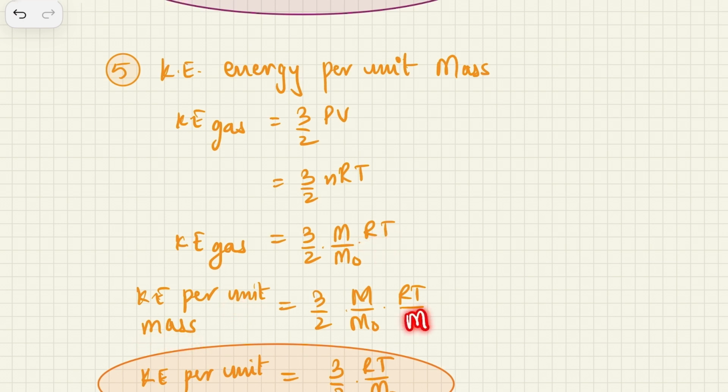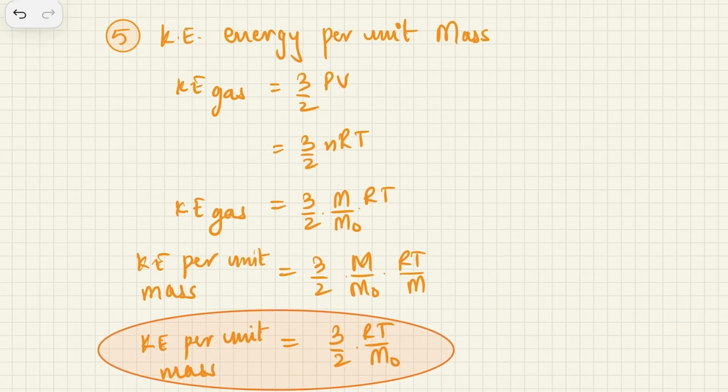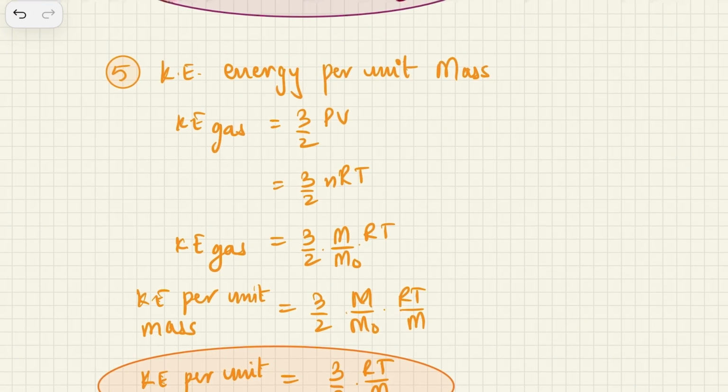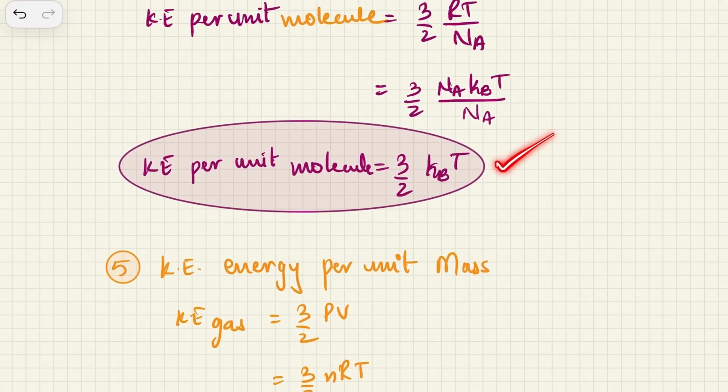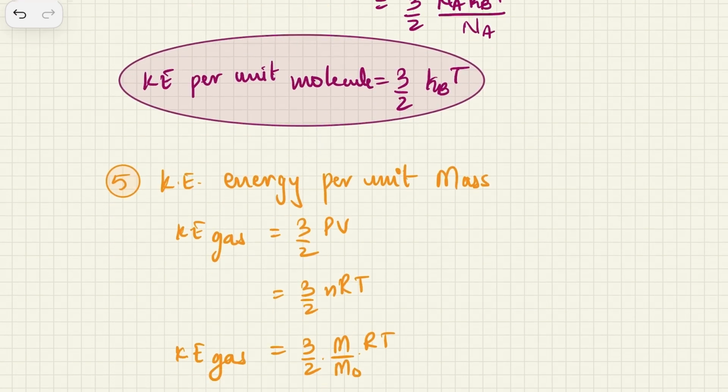So I have divided this by the mass of gas, and M and M get cut, so I get 3 by 2 RT by M0. So these are different forms of kinetic energies we might require in some problem solving, and the kinetic energy of a molecule is utilized in many aspects and different forms when coming to specific heat capacities, which will be discussed in the next lecture.